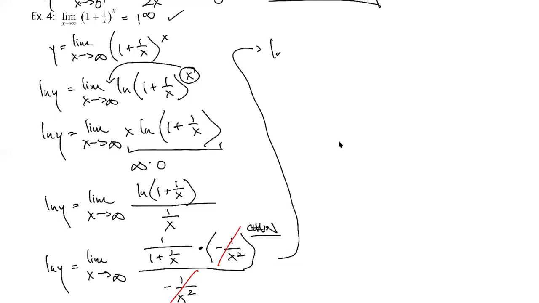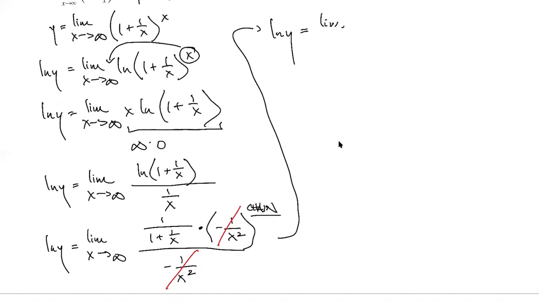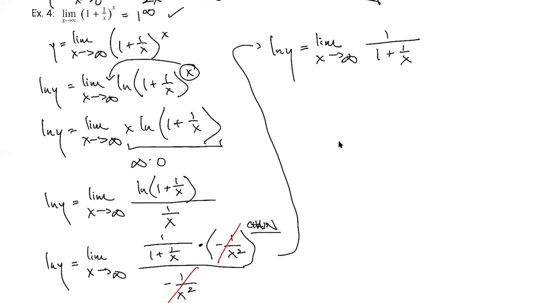So that simplifies things quite a bit. We get the natural log of y equals the limit as x approaches infinity of 1 over 1 plus 1 over x. So let's plug in our infinity and see what we need to do.